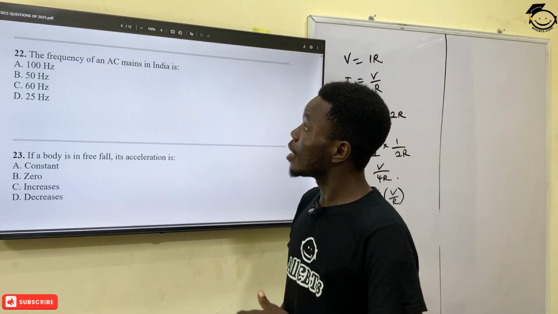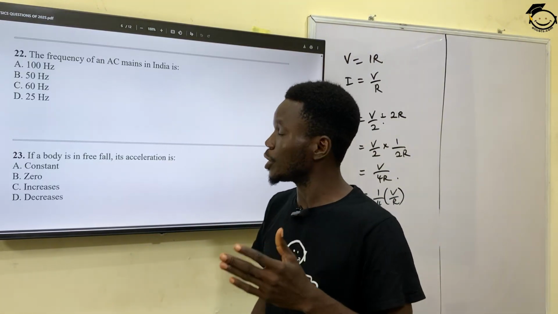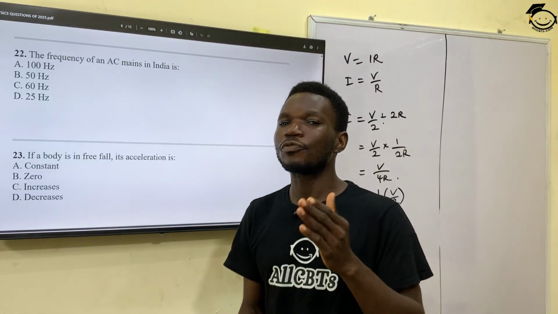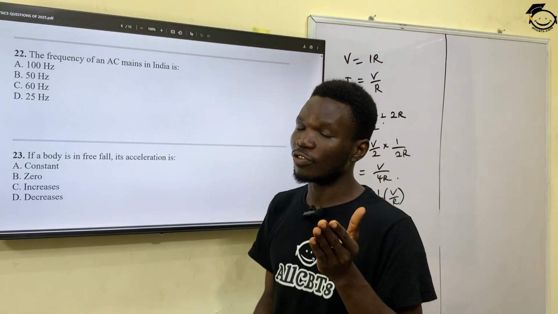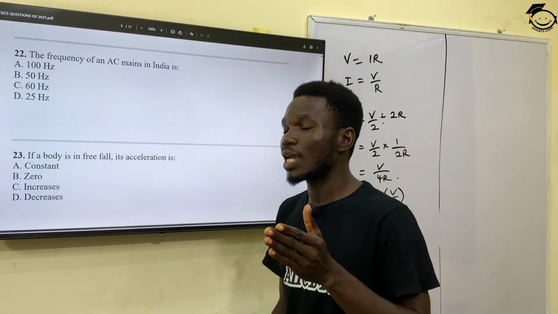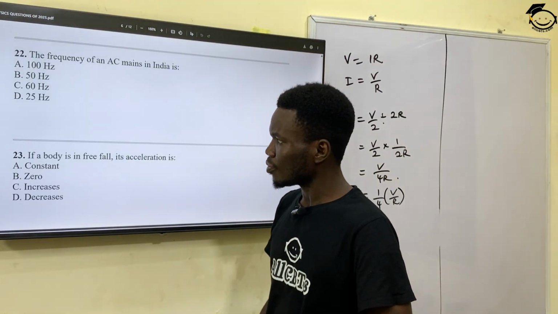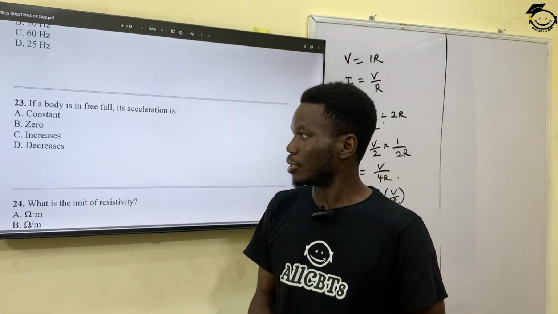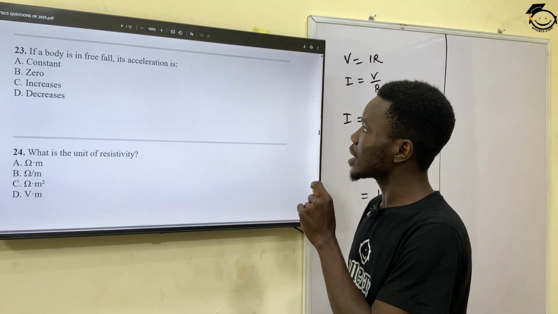In Nigeria, the frequency of your AC mains is between 49.75 Hz and 50.25 Hz. Why? Because our current fluctuates, our voltage fluctuates between 230 and 240 volts.